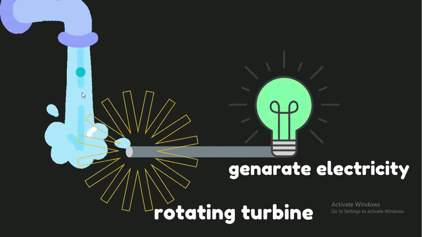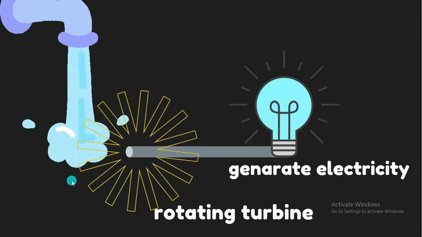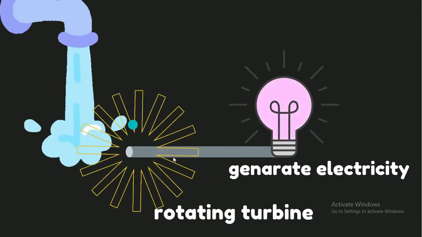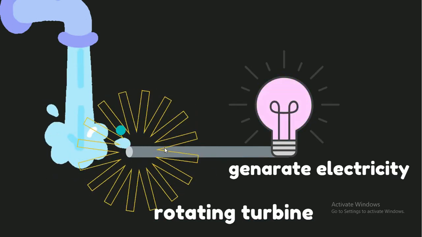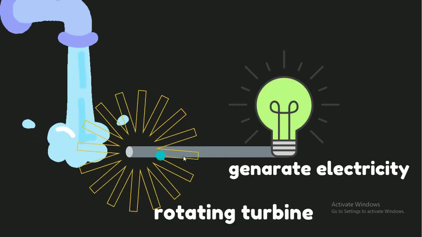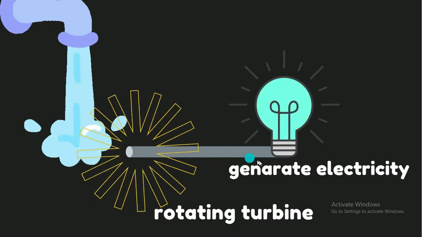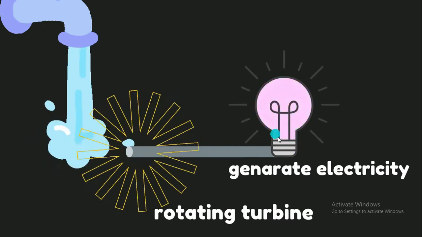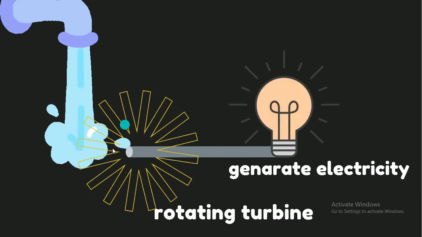Now when the water flows down and hits this turbine, due to the energy transmission, the turbine rotates. When the turbine rotates, the dynamo works and produces electricity. This electricity can be seen from the lighting of the bulb. This is the simple process.